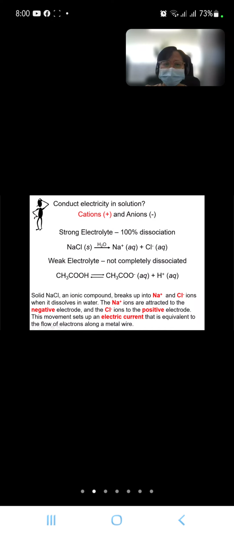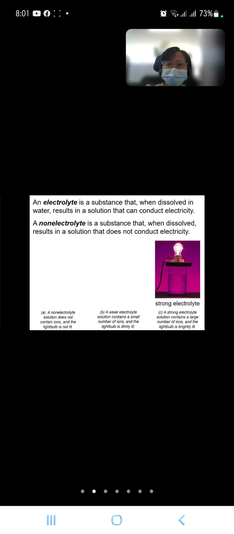This movement sets up an electric current that is equivalent to the flow of electrons along a metal wire. So this explains the illustration that I presented to you a while ago. This one, no? That is the explanation why this light bulb glows brightly.